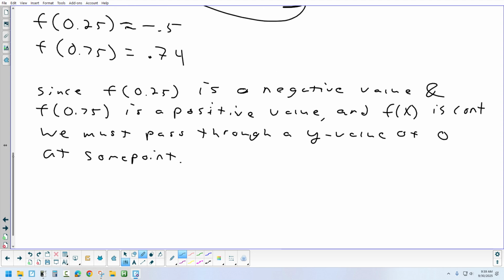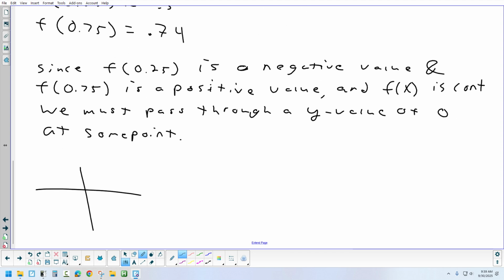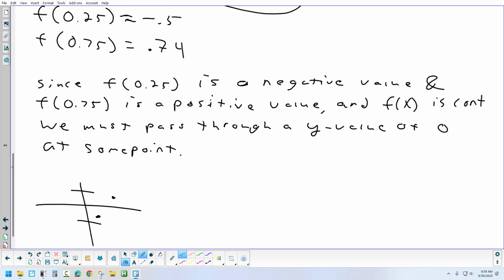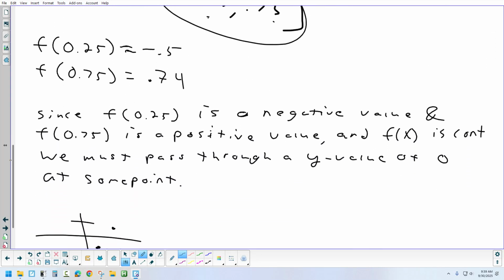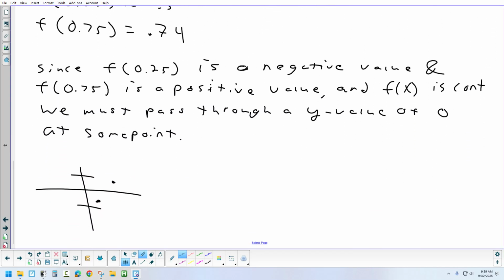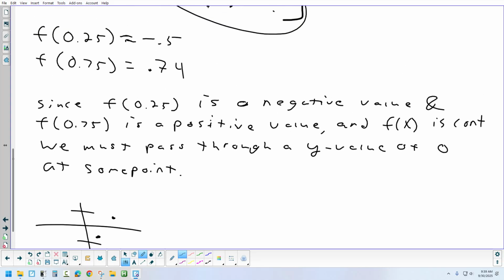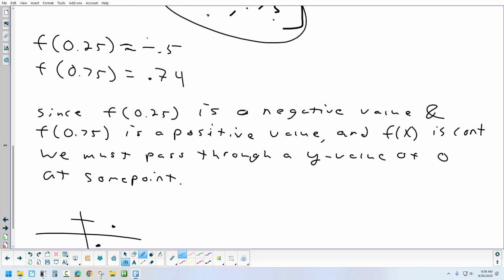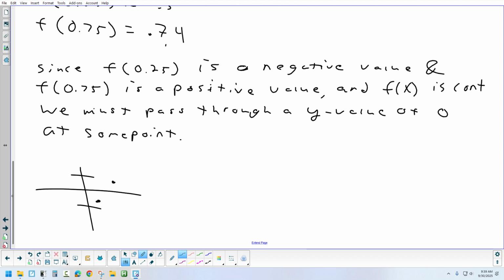So you're starting at negative 0.5. It's like down here somewhere, or actually we're at 0.25, so it's like over here somewhere. And you're ending at 0.75, or 0.74. So you're going from negative 0.5 to 0.74. So you're going from here to there.